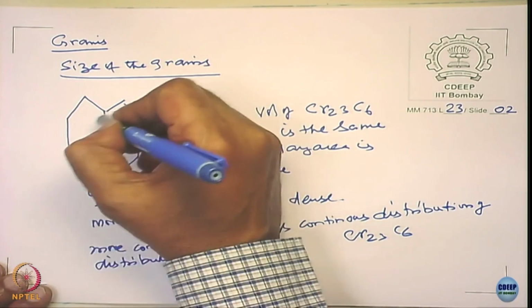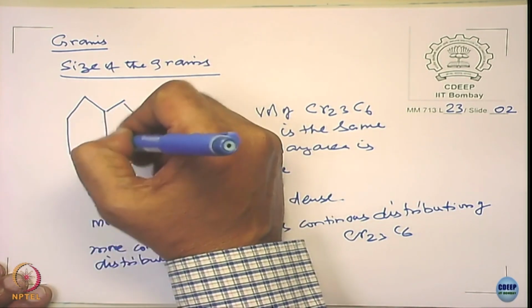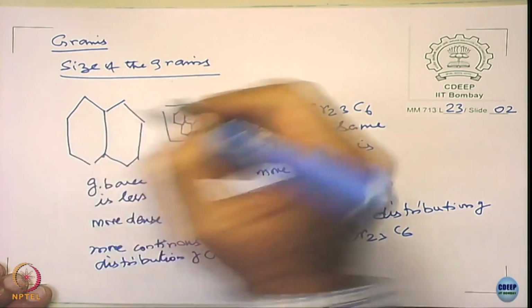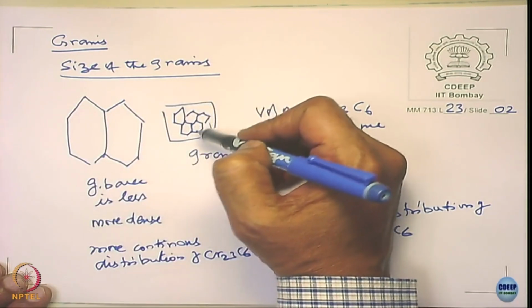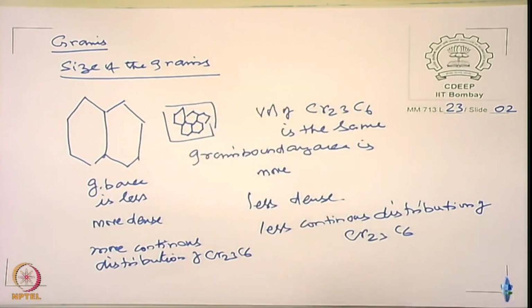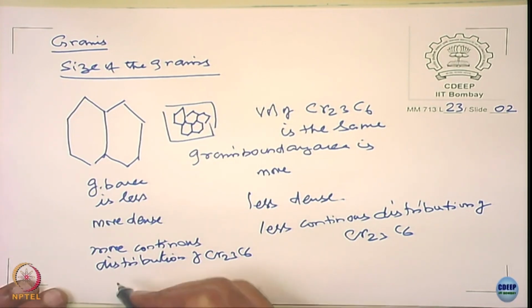So you will see that the grain boundaries are so closely packed with the chromium carbide. Here it is not packed with the chromium carbide, because the same chromium carbide has to be distributed over a larger area, right. So where is the attack? The attack is more here.